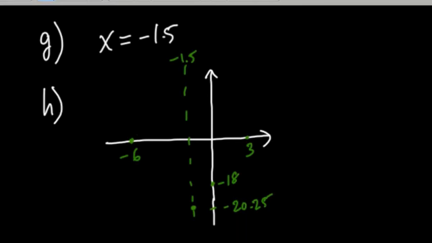So this parabola has to go through pretty much these red points as shown. So all I have to do now is just draw the parabola right here. Here's the vertex, which is at negative 1.5 and negative 20.25. It hits the y-intercept at negative 18, and then goes through the other x-intercept, and that's basically our graph.